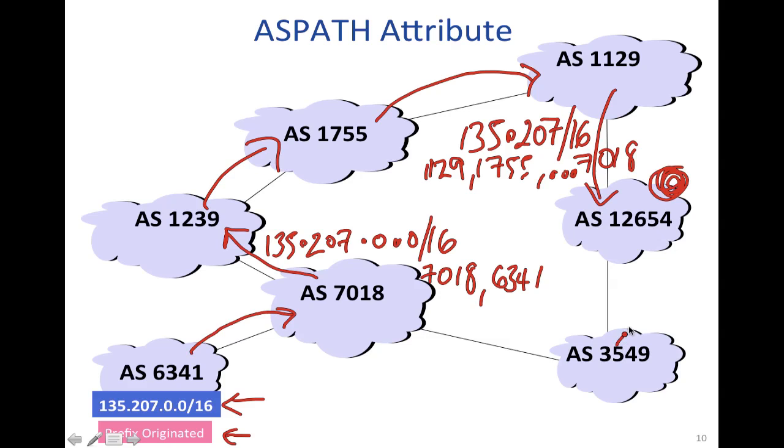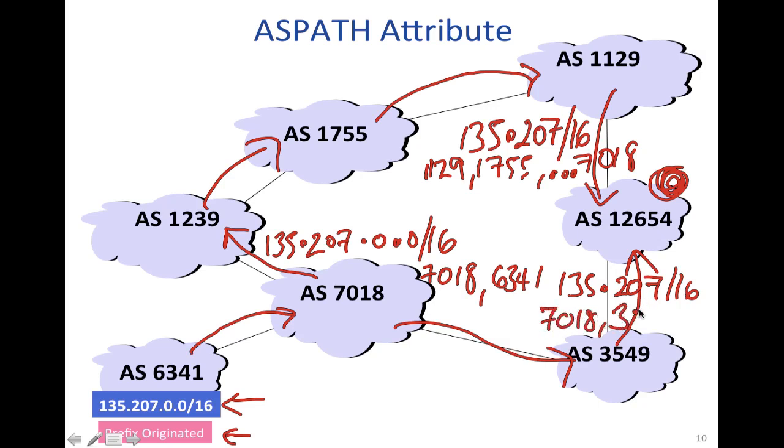And likewise, there'll be an advertisement that will come around this path that will say, hey, I can get you to 135.207/16 through the sequence 7018, 3549. So it's over a much shorter path.